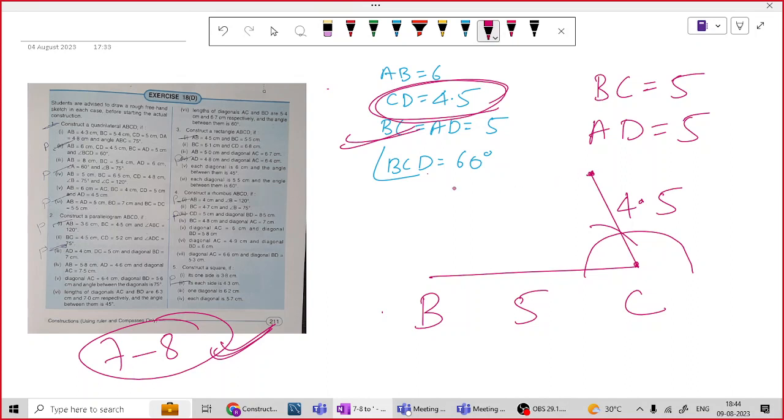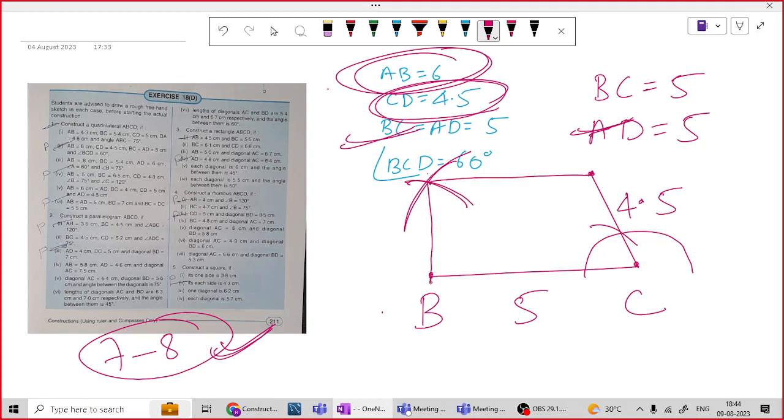From D, you take 5 centimeters in the scale and cut an arc. And which one is left? AB is left. Then from B, take 6 centimeters, cut an arc, you get A. Join the diagram, you'll get it like this. This is 6, this is 5, and this is A.